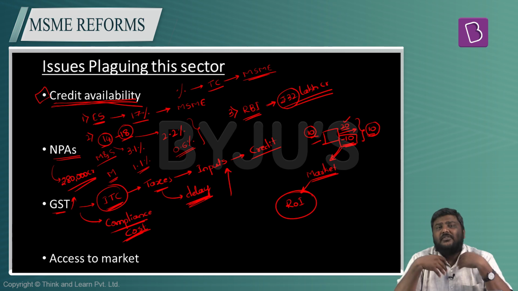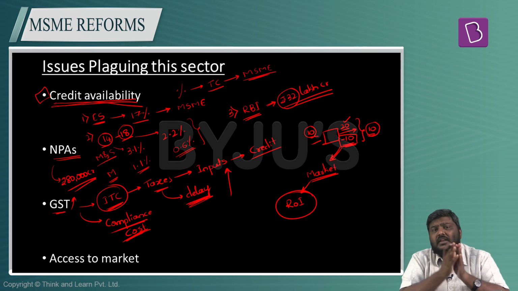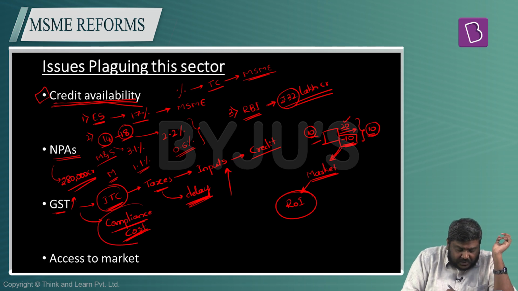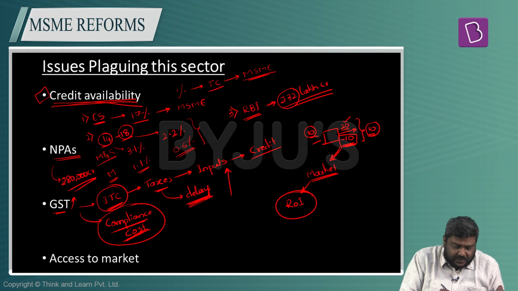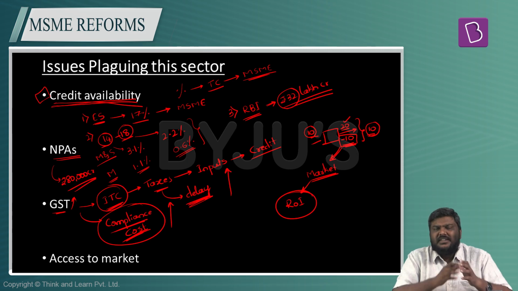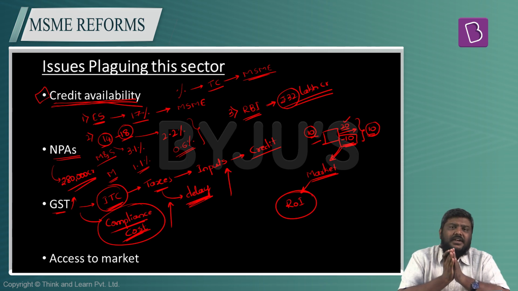They will have to keep on filing these returns month after month or quarter after quarter in particular sectors. As a result, the compliance cost on these MSME units has increased. That is the precise reason the implementation of GST to a certain extent caused a disruption in the MSME sector.